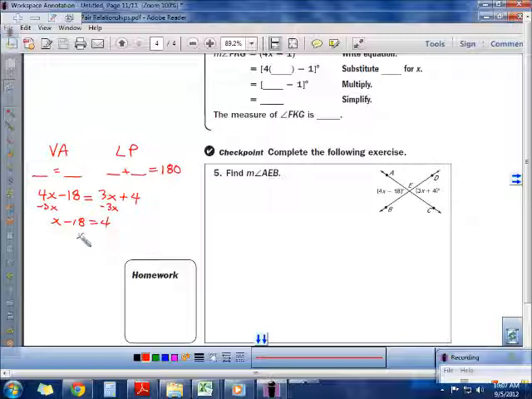Add 18 to each side and we get 22. But does that answer the question? Find the value of x? No, we got to plug it in here for AEB. AEB is over here. So measure of angle AEB equals 4 times 22 minus 18. Do that math and you get 70 degrees. Good job.